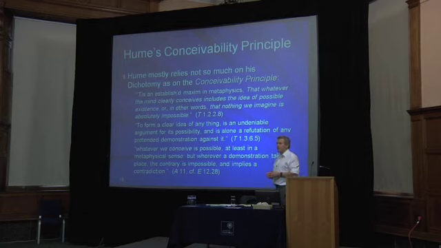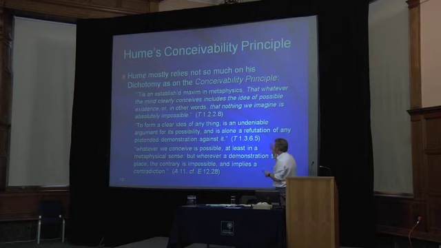Normally he uses some word like clear or distinct. It's not just any old imagination that shows something to be possible, but if you can clearly and distinctly imagine something, clearly and distinctly conceive it, for Hume that is evidence, very strong evidence, that it is in fact possible.